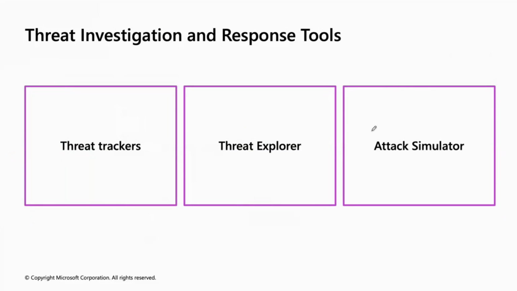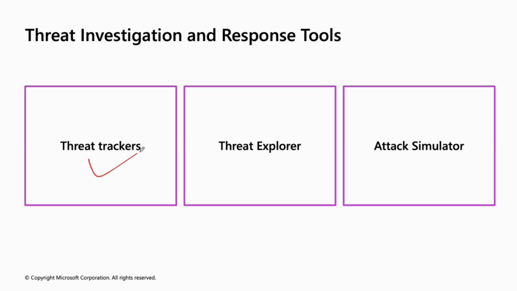So team, when you are into threat investigation and response tools, Microsoft Defender for Office 365 includes best of class threat investigation and response tools that enable your organization's security team to understand and prevent malicious attacks. You have Threat Tracker. Threat Tracker provides the latest intelligence on prevailing cybersecurity issues.